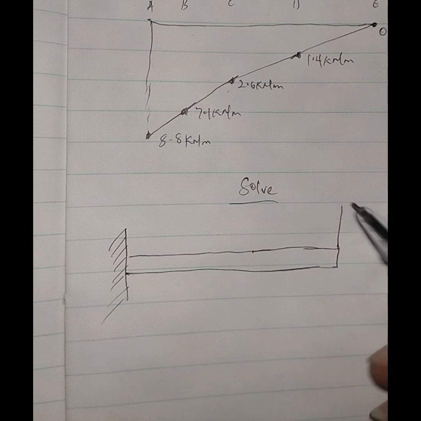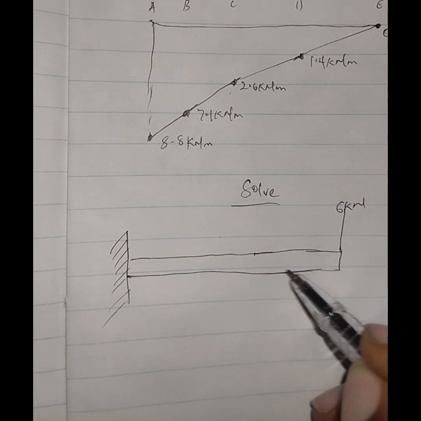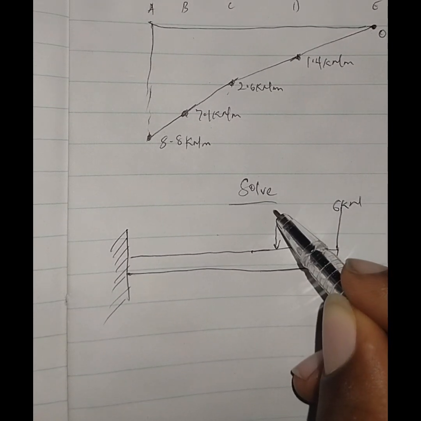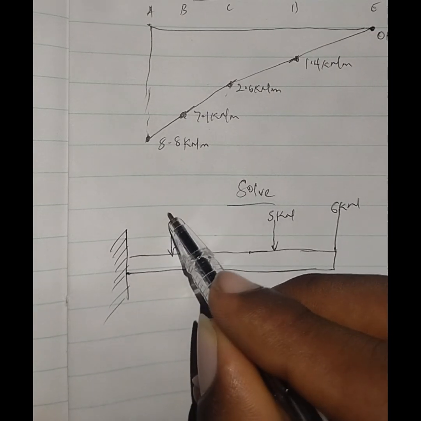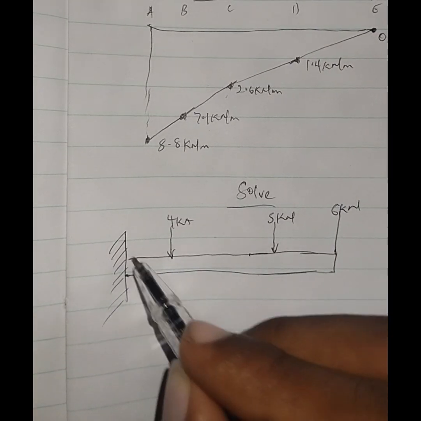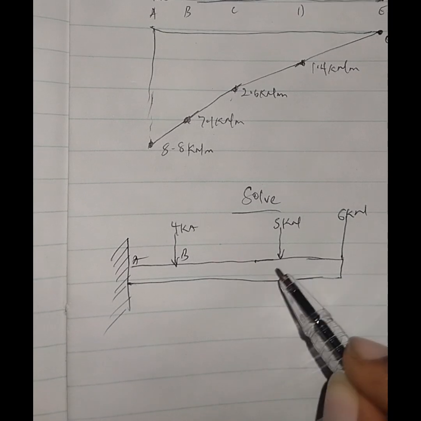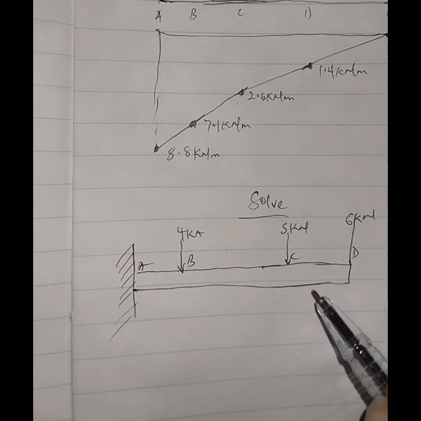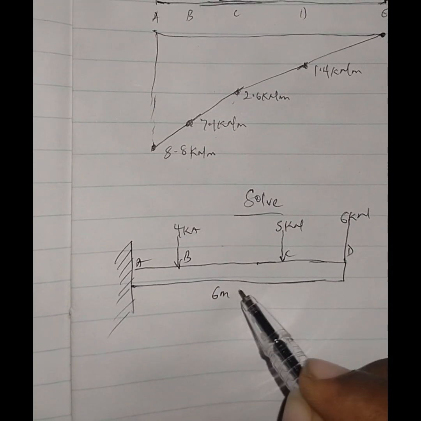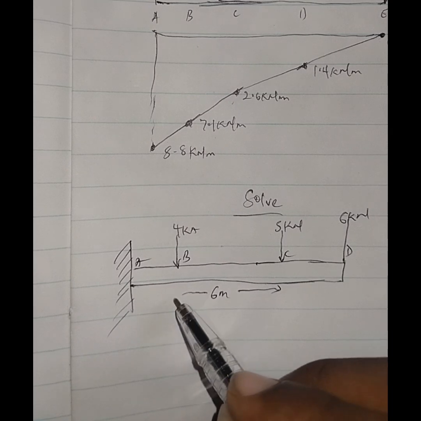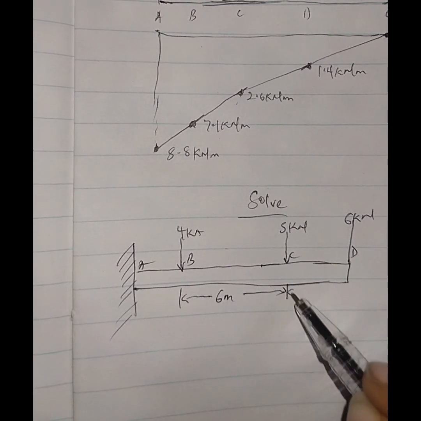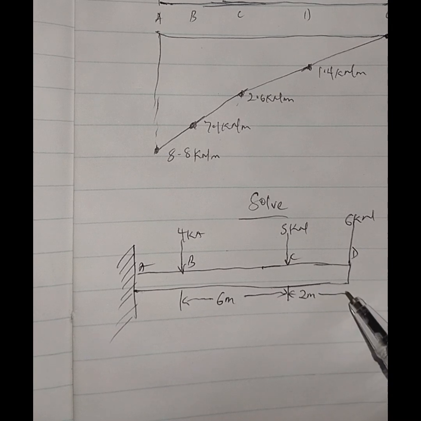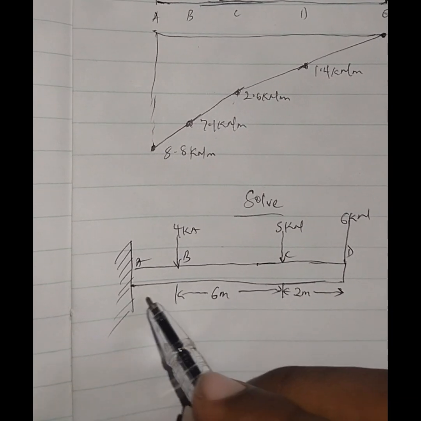So this is 6 kilonewton, here is 5 kilonewton, here is 4 kilonewton, here is A, B, C and D. So here is 6 meter, here is 2 meter, here is 2 meter.